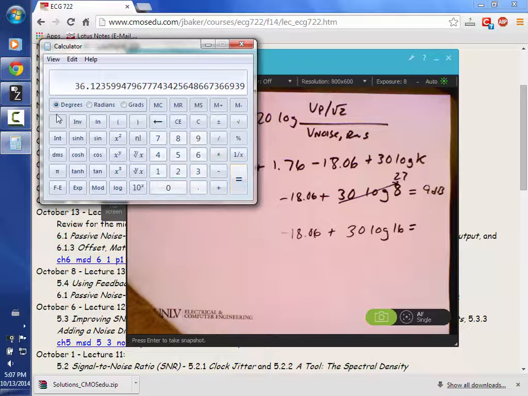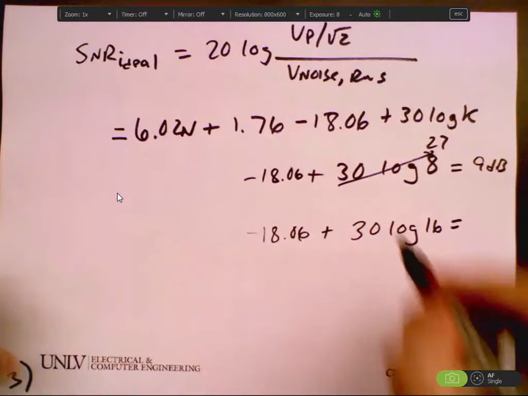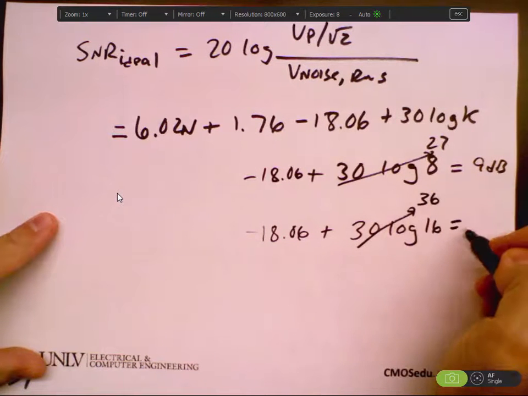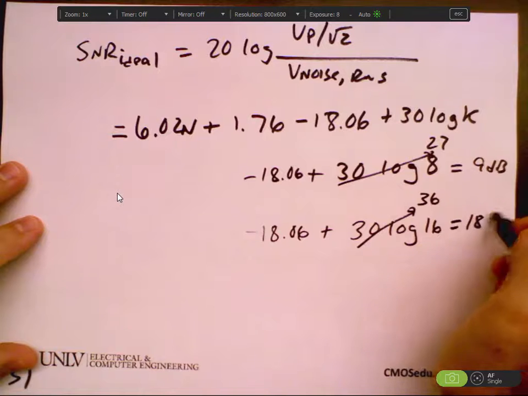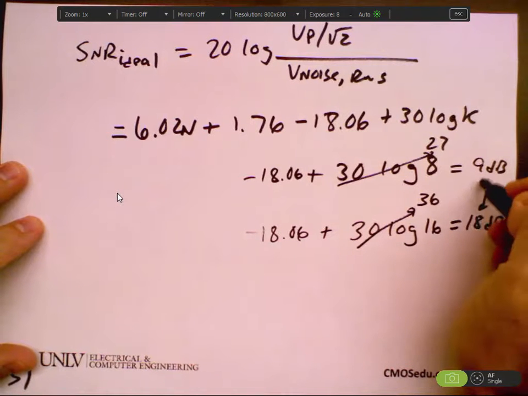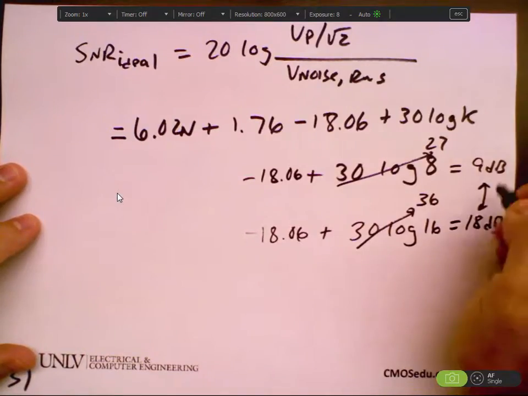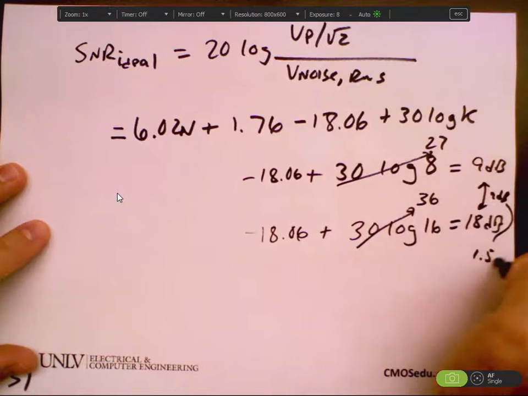We'll just round it to 36. So this goes to 36, and then this becomes 18. And so then how much, from doubling our oversampling ratio, how much improvement in signal to noise ratio did we get? 9 dB or 1.5 bits.